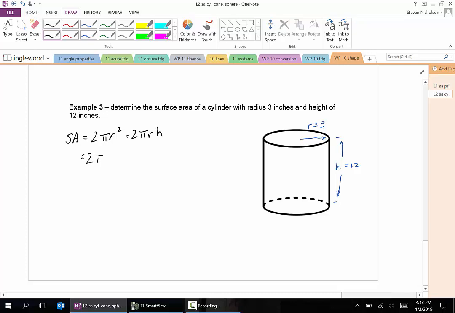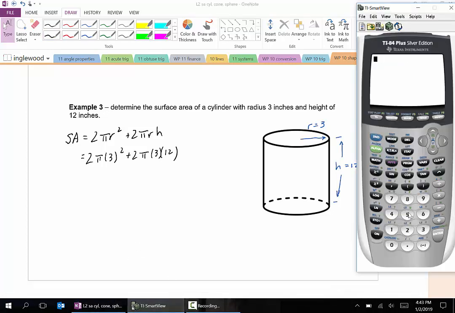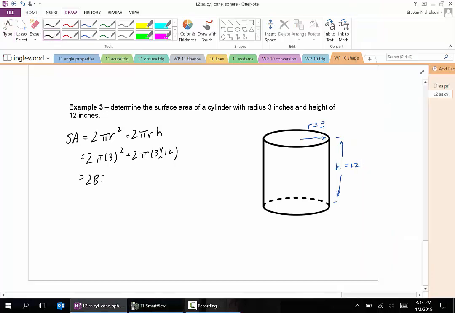And when we plug in our numbers, 2 pi times 3 squared plus 2 pi 3 times 12, and then we get out our calculator and we just punch those right in. 2 times 3.14 times 3 squared plus 2 times 3.14 times 3 times 12. 282.6. 282.6 square inches.